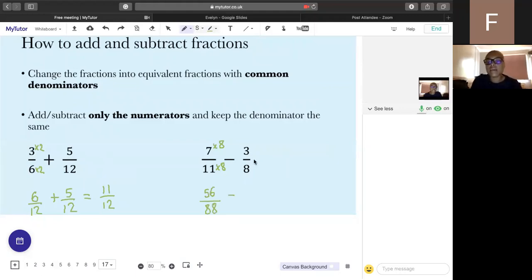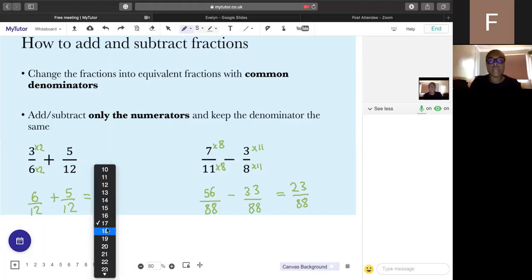And then to get from 8 to 88, we multiply by 11. So now we've got 33/88, because 3 times 11 is 33. And then we subtract only the numerators, so our answer would be 23/88. And that would be our answer. So adding and subtracting, we just make sure that we have common denominators and work with only the numerators.